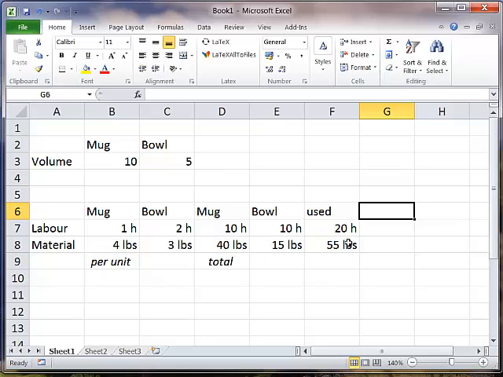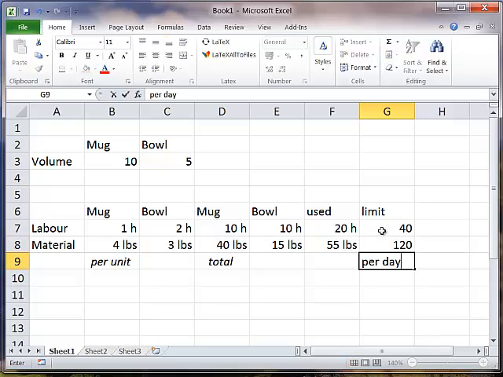And our limit, our constraint. I'd rather call it limit actually. Limit is given, and our limit is 40 hours, so basically 5 people working on it, and 120 pounds per day. This is also per day actually.